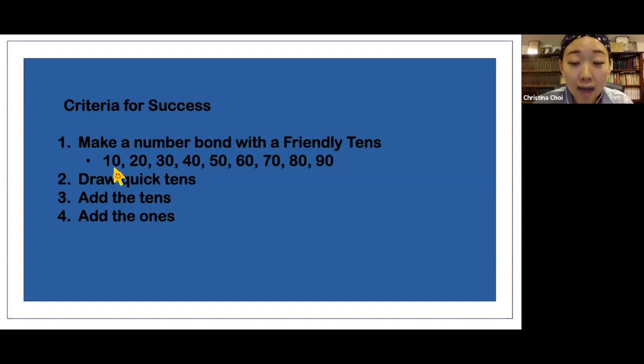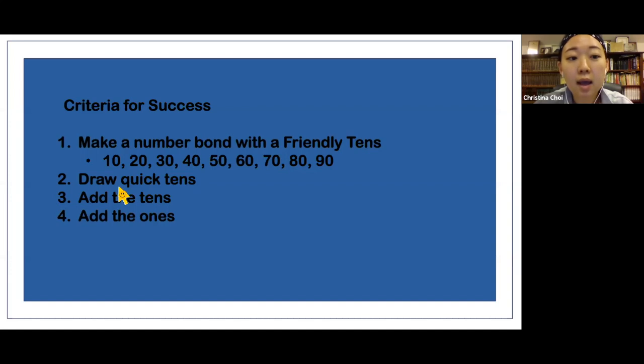So 10 is a friendly 10. He was the original friendly number 10. And then it's 20, 30, 40, 50, 60, 70, 80, 90. As you can see, there's a pattern, right? You can keep going and going if you feel like you're smart, but we're going to end at 90 for now.